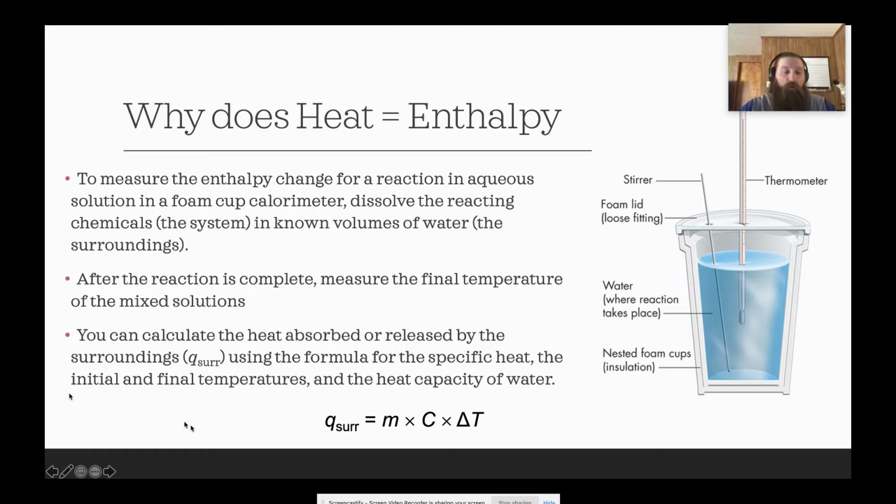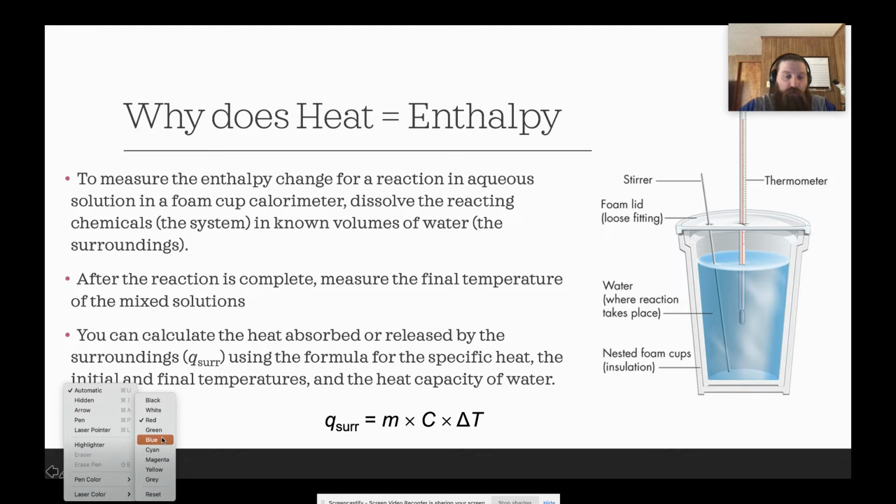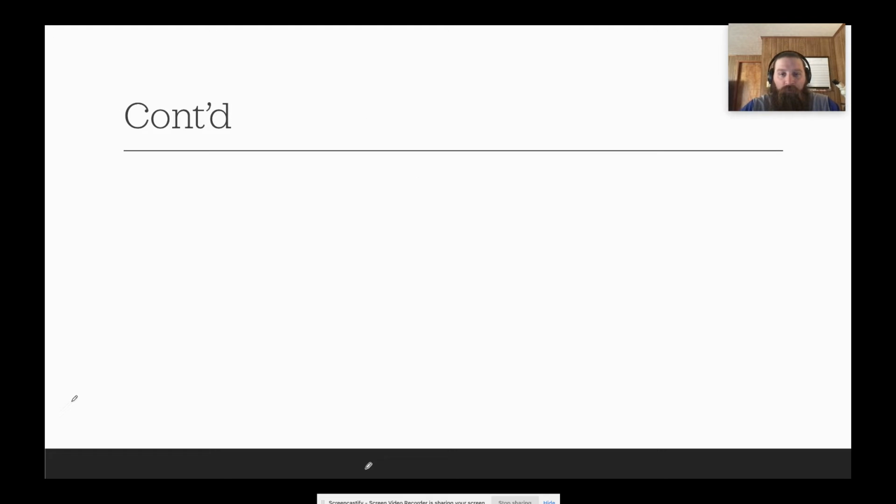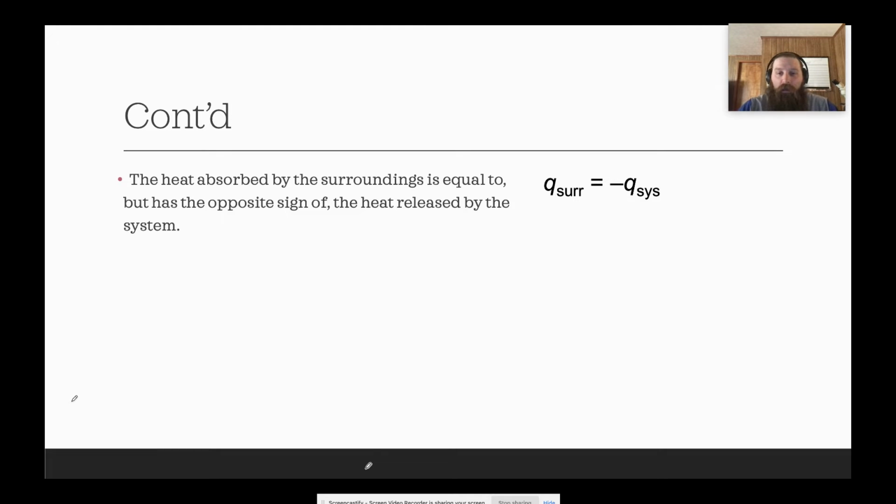Now, it is important to note that that is the heat of the surroundings, not necessarily the heat of the reaction. Okay, so that little sub SURR means surroundings. Now, the heat that is absorbed by the surroundings is going to be equal to the heat of the system. However, they're going to have an opposite sign.